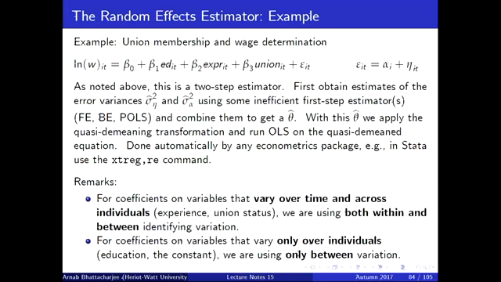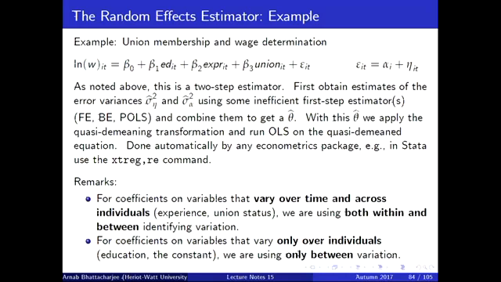In the first step, you obtain estimates of these error variances, and you estimate this reasonably efficiently. Once you have done this, then you do quasi-demeaning and run ordinary least squares. So that is efficient GLS, and this is going to be done automatically using econometrics packages.